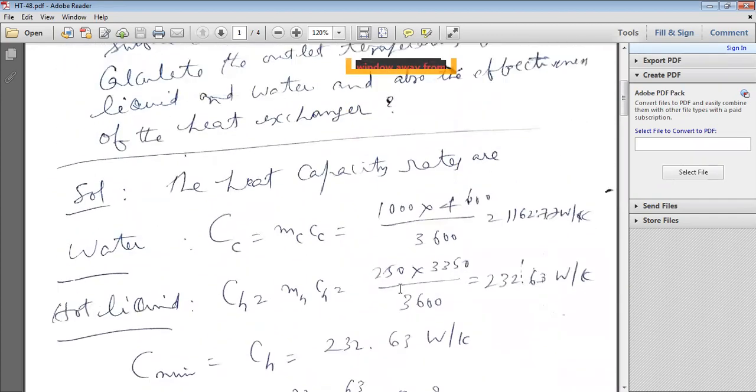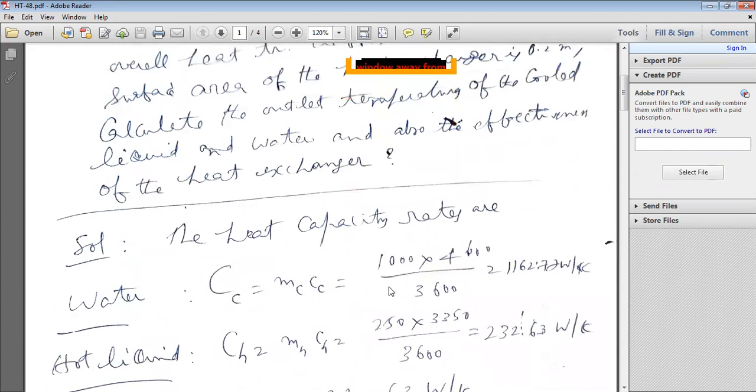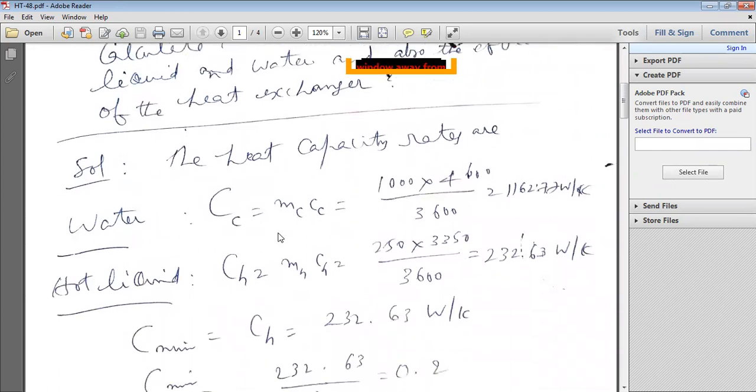How do you calculate NTU? NTU is U into A by C minimum. What is NTU? Number of transfer units. So how do you calculate C minimum and C max? I gave it in the last class: the heat capacity rates of the hot fluid and the cold fluid.